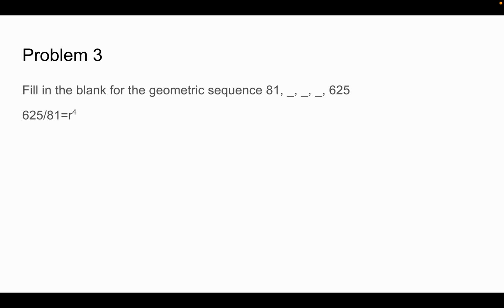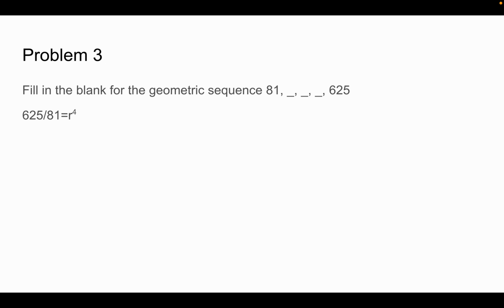Now you may be thinking that we can just take the 4th root of this entire fraction, and that would be r. And you would be right, but we're actually missing 3 more solutions if we do that.